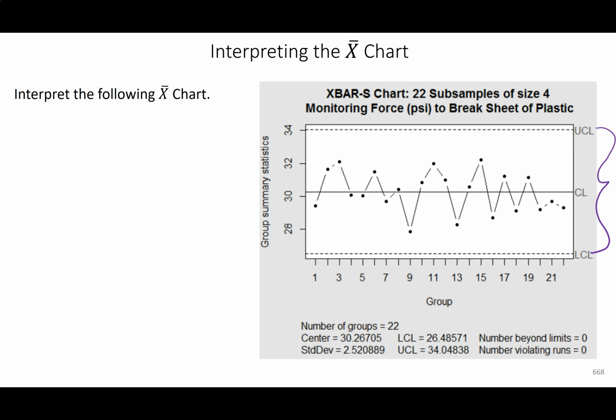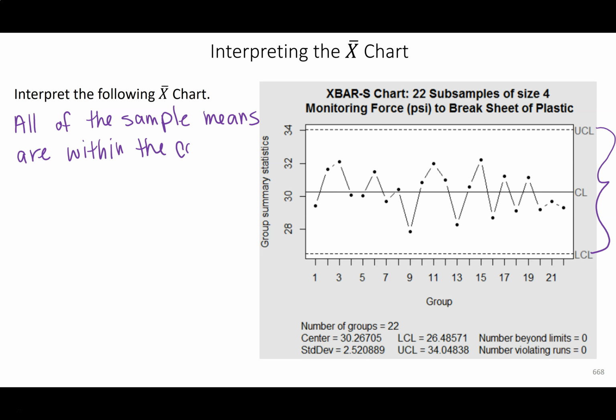So all of the sample means, sorry about talking and writing, are within the control limits. So the process appears to be in control.